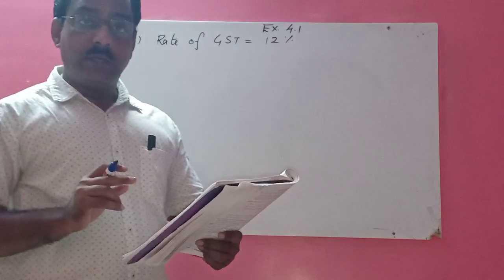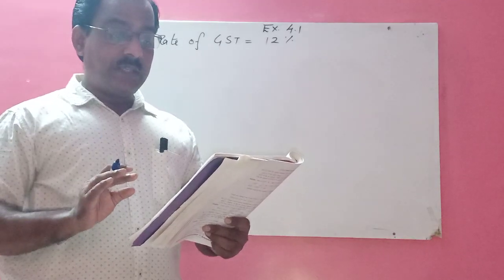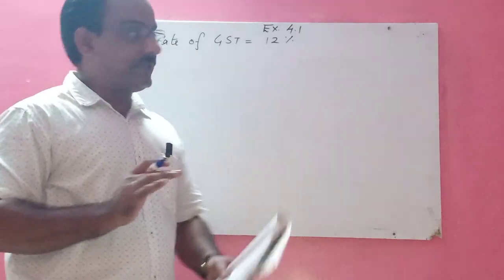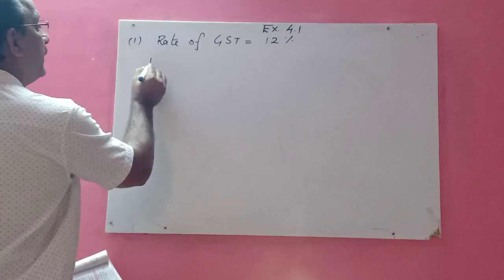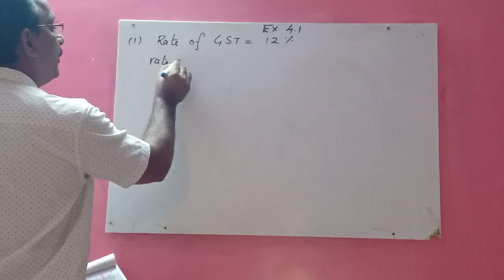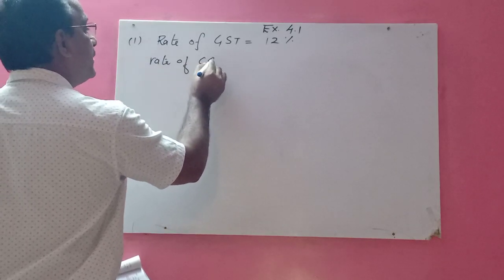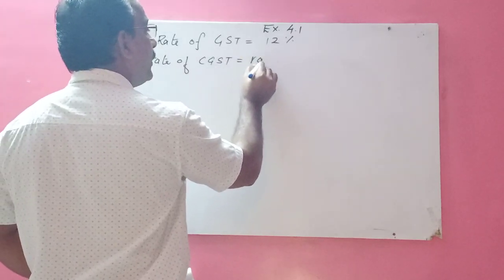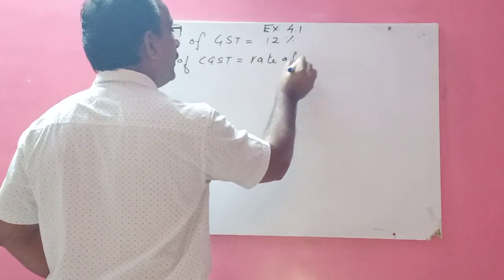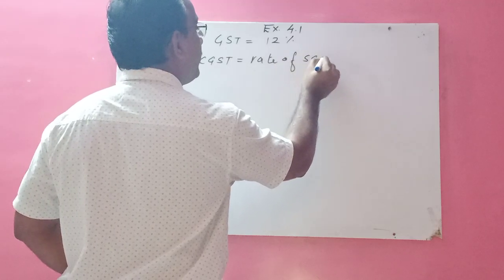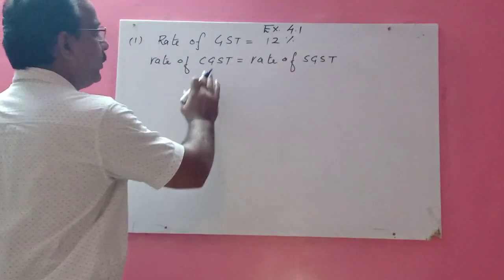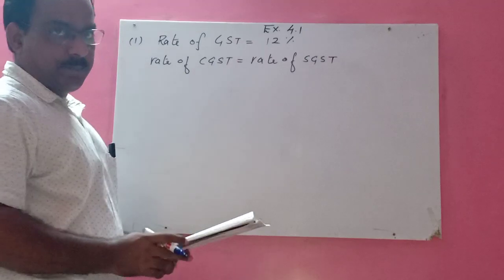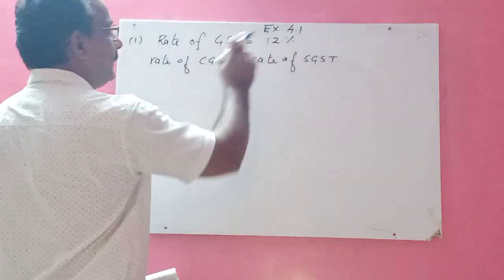We have to find out here rate of CGST and SGST. So as we know that rate of CGST is equal to rate of SGST. These both are always the same. This is given 12%.